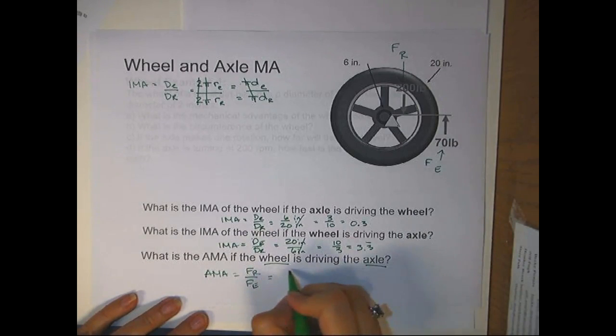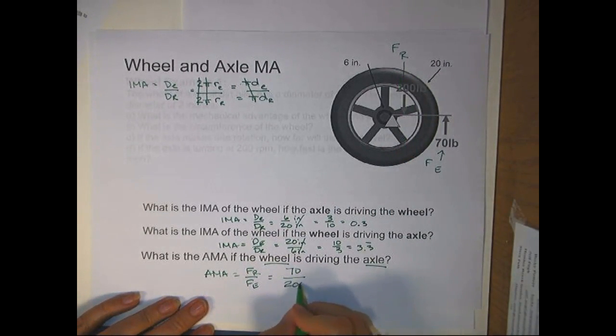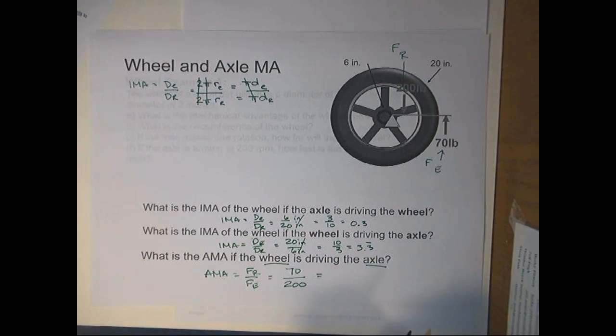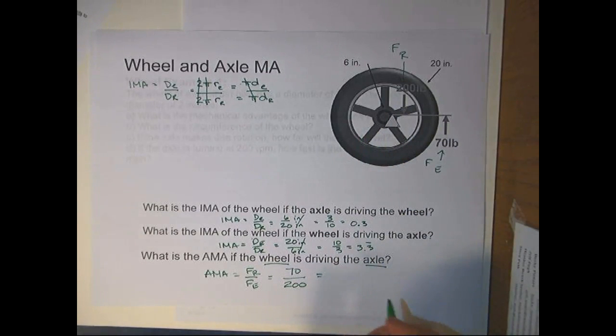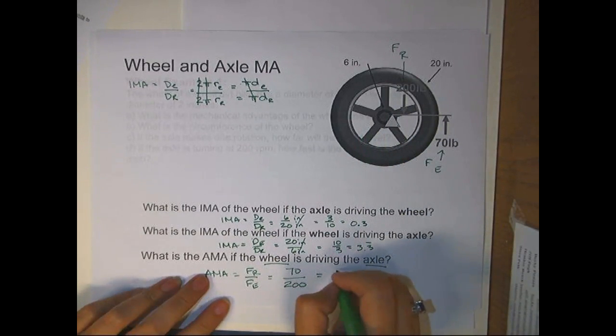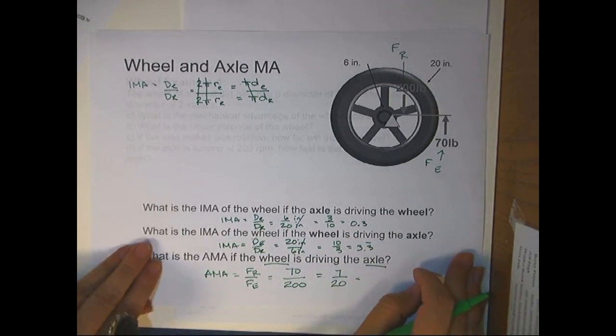FR is 70 and resistance is 200. And in this case, we're getting a slightly different number than here because there is friction on this one, which we won't see very often. But we get 7 over 20, or you could put that in your calculator to get a decimal.